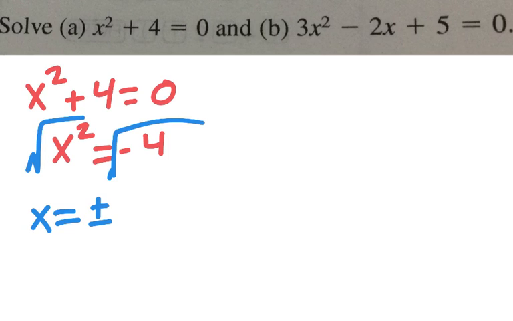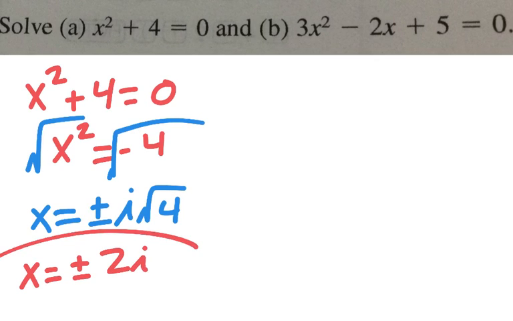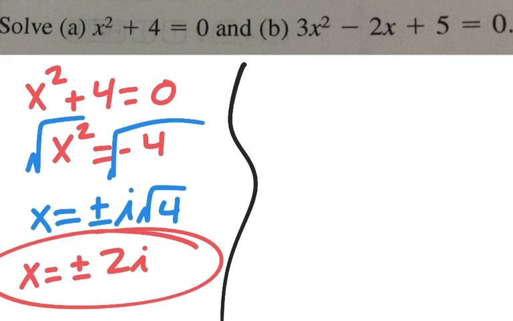I have a negative 4 underneath the radical, so I can bring the negative out front as an i and leave the radical 4 underneath there. And then what is the square root of 4? That is 2. So that is x equals plus or minus 2i. So those are my two roots. That still doesn't cross the x-axis, but it does have two roots. They are imaginary.